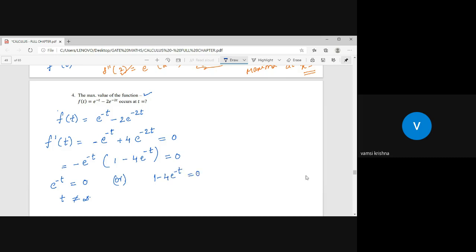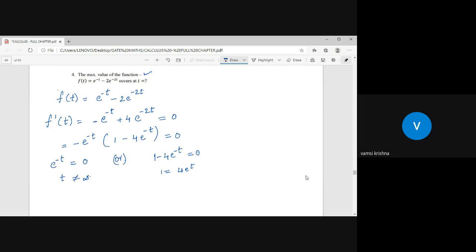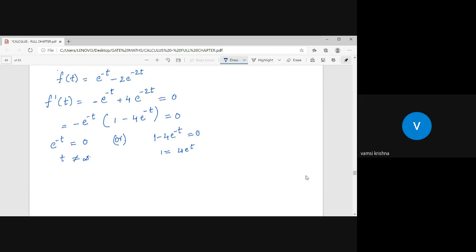It means that 1 is equals to 4 into e power t. So here we have logarithms. So let us apply logarithms. Before going to the logarithms, 1 by 4 is equals to e power t.